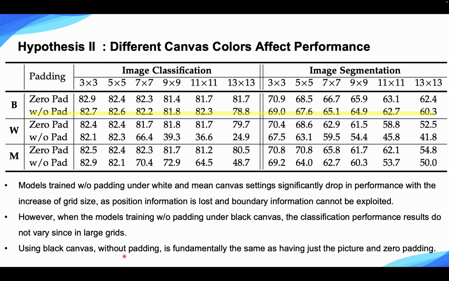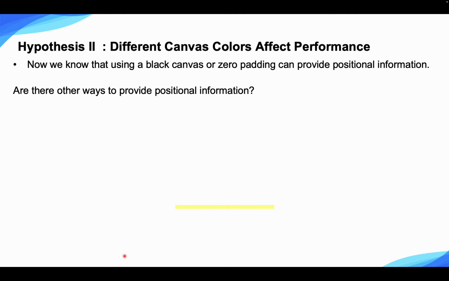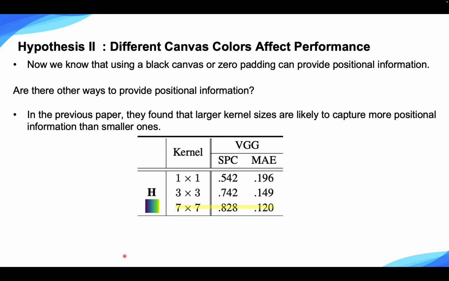So it has the same effect as using zero padding, and it can maintain its performance even if the grid size is large. So now we know that using zero padding or a black canvas can provide positional information. And are there any other ways to provide positional information?